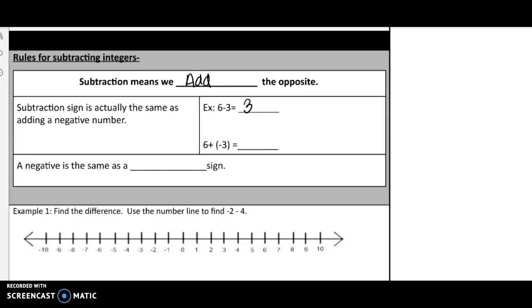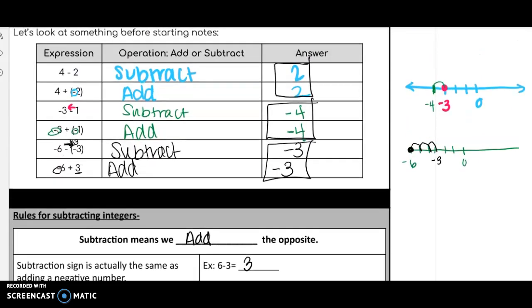Now, if we had 6 plus negative 3, we know that these are different signs, and so this just means that we subtract. That's our rule, and so 6 minus 3 is also just 3. And so that's why on our warm-up, whenever we'd subtract and we would add, we got the same answers for all of them.